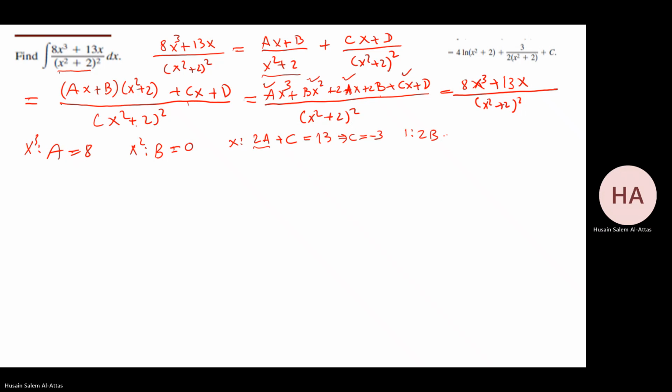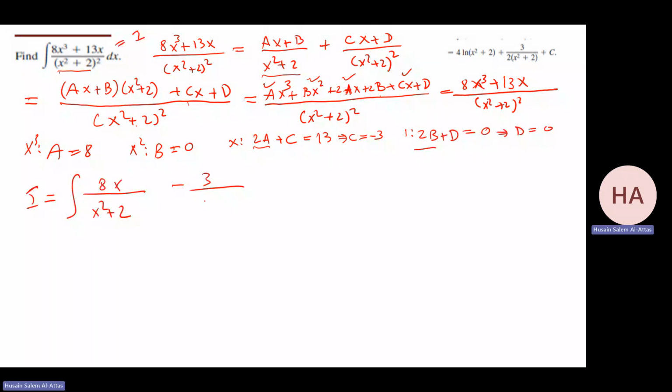The integral is 8x minus 3x over (x squared plus 2) all squared dx. I just double check, I did not make a mistake.